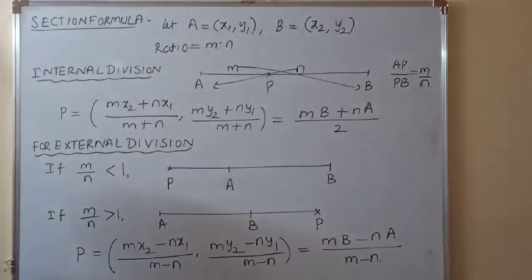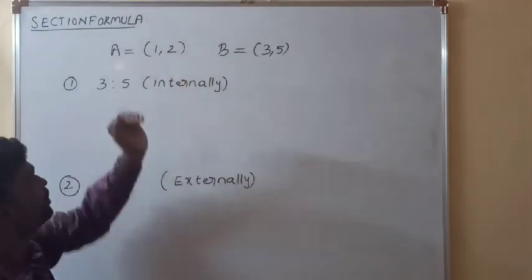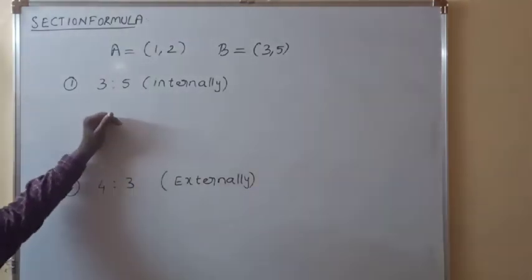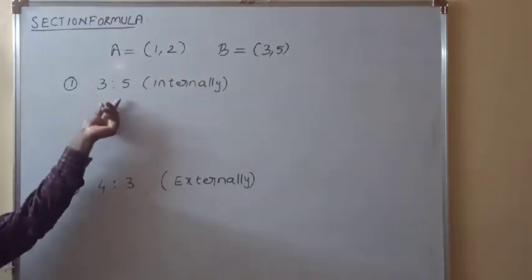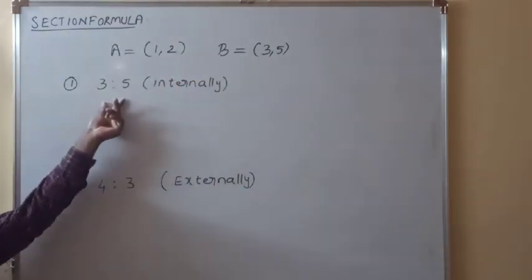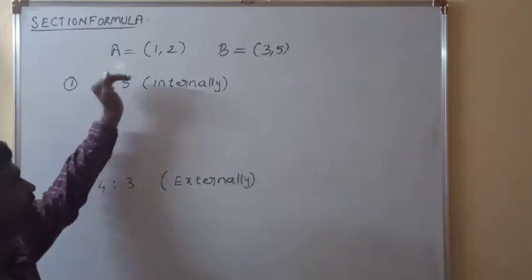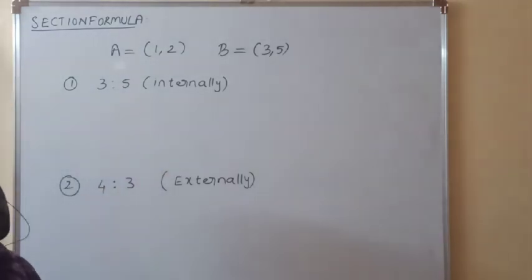Now look at the example. Given points are A(1, 2), B(3, 5). The first question: find the point on the segment AB which divides AB in the ratio 3:5 internally. So what is the shortcut?